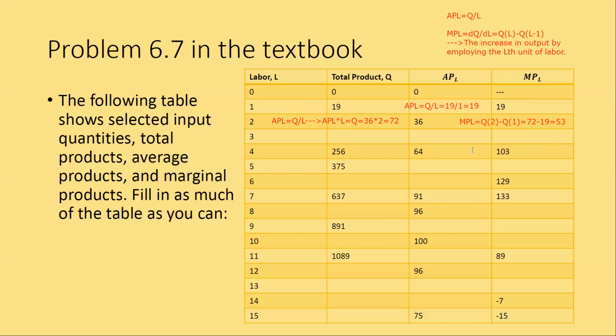All right, now if we look at the fifth row, all 3 cells are empty. We can start from the total product by using information we have on the fourth row.